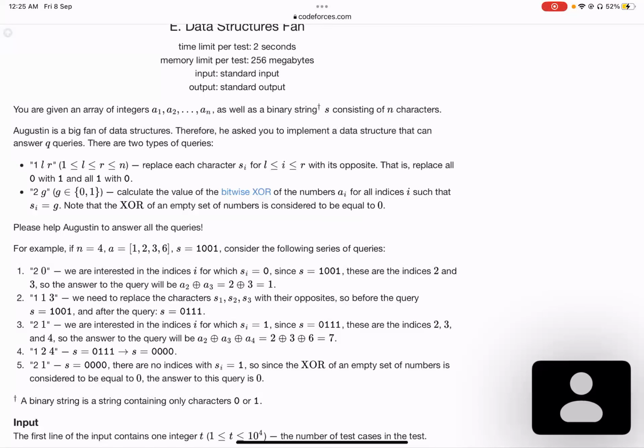So if they have given g equal to 0, then you will need to find the GCD of A1, A3, and A5. So basically what they are saying is all the indexes such that if s of i is equal to g, you need to find the bitwise OR of all those indexes. Basically, this is what it is saying. So is the question clear to all? Then we can proceed with the solution part.